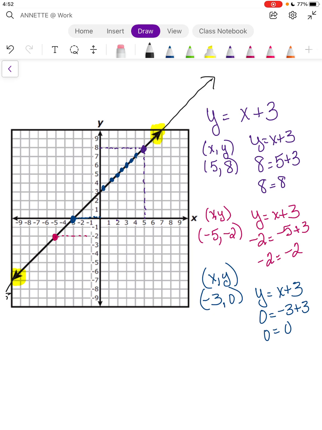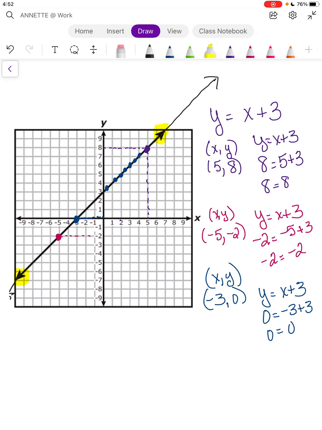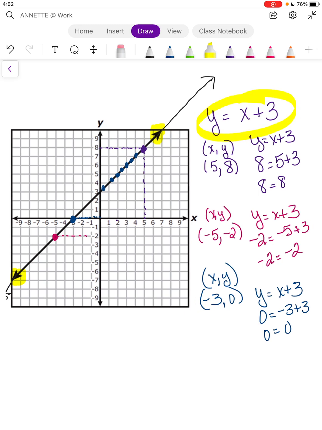So if we could make this x value go out to 210 and the y value go up to 213, it would be on that line. Those arrows let us know it goes on forever. So this is a way for us to represent the infinite number of solutions that make y equals x plus 3 true.